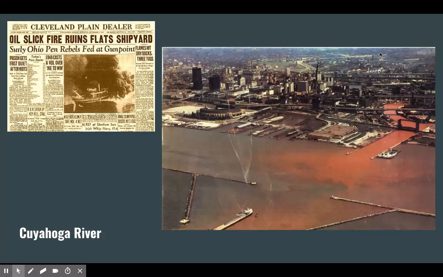For more than 100 years, the industries along the river would just dump their industrial waste. What this did is it formed a slick of pollution on the surface, and before the fire even started, it virtually killed all animal life in the area. The problem got so bad that by 1969, the river ignited. The river was on fire.